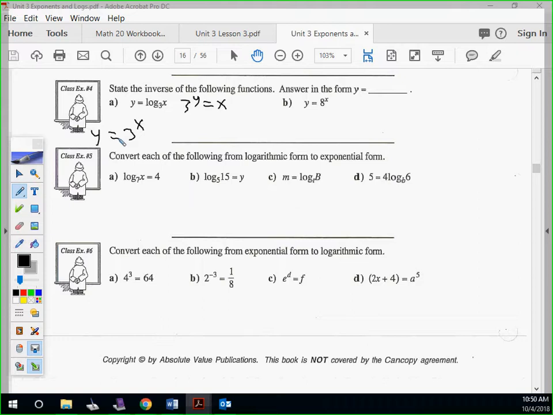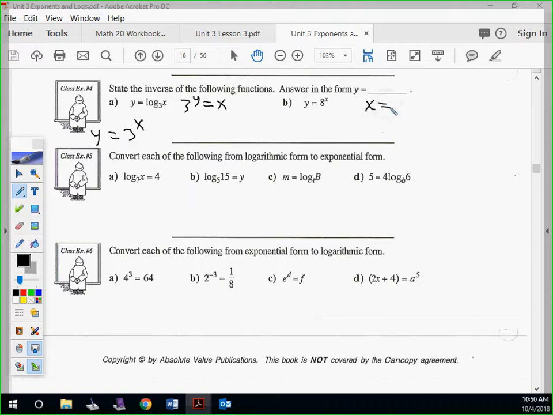Go ahead and try B. That one we did, yep, but the B we have to bring it in, right? Yep, Kenny, you're good. So this one, we took the log out to get the inverse. This one, we need the log to help us get the inverse. They say y equals form.